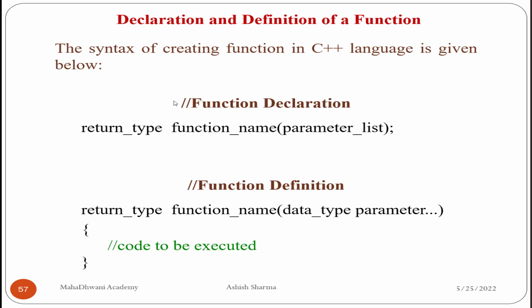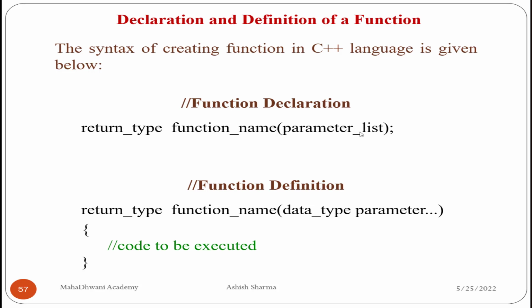So now function declaration. What is the syntax for function declaration? Number one, return type. Return type may be void, int, float, double, bool, char, string, any type of value. Whatever the function is going to return, it should be the return type of the function. Then function name. Parenthesis.